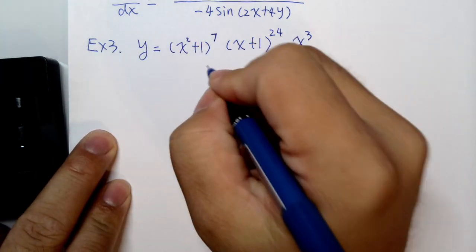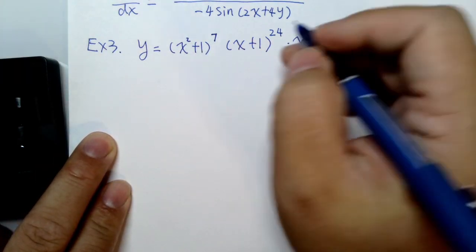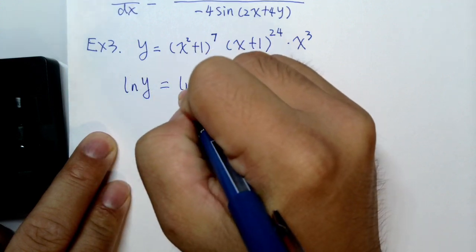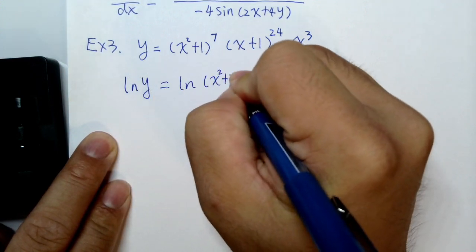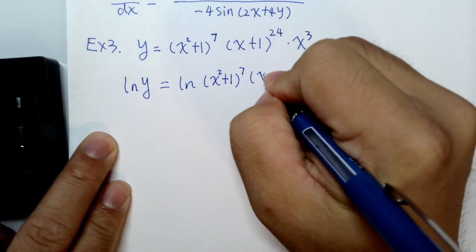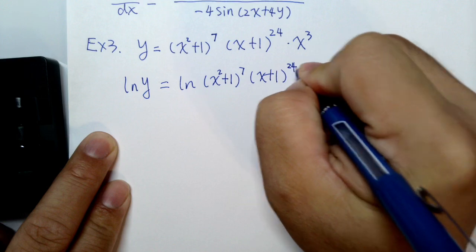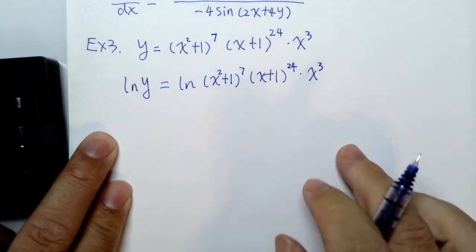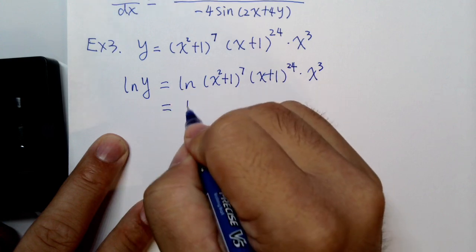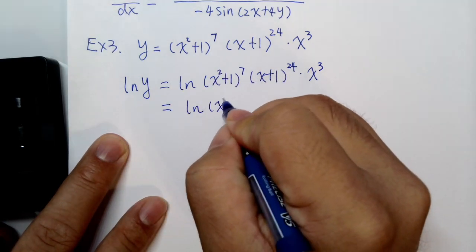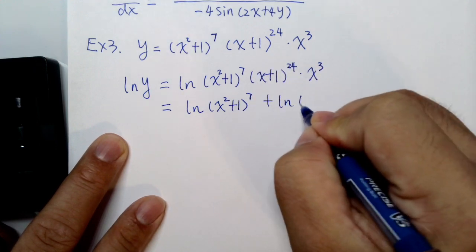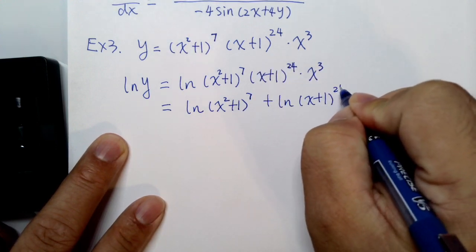So if we apply a natural logarithm, ln, on both sides, the left hand side is ln of y equals ln of (x squared plus 1) to the power 7 times (x plus 1) to the 24th, and then x cubed. Based on the property of the logarithm, I can first rewrite it this way.